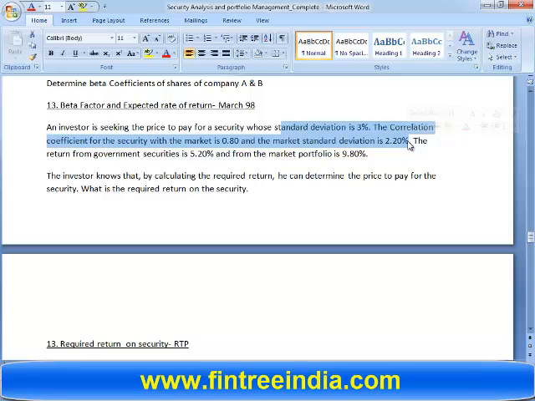Check your formula list, the one that we made in the previous session. For beta we had two formulas. Yes, what is the other formula for beta? Yes, so which standard deviation will come in denominator?